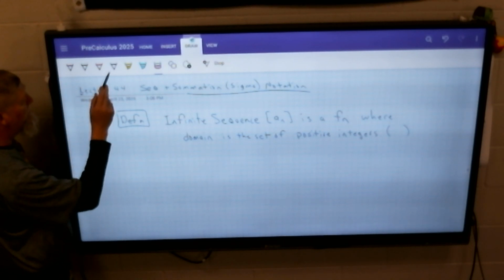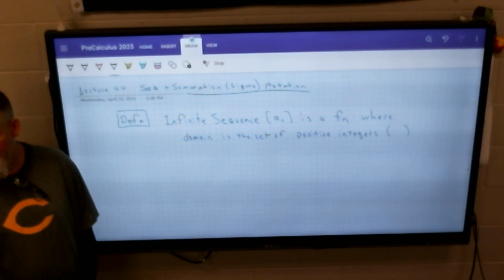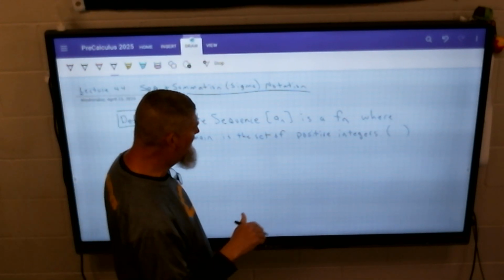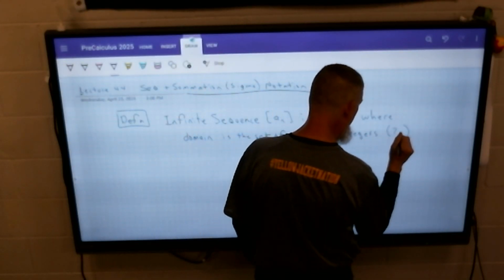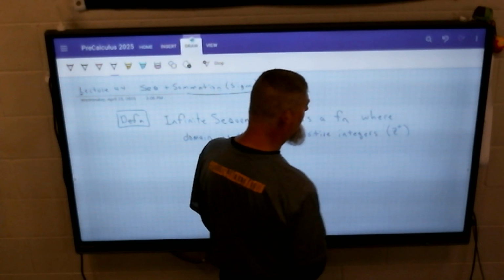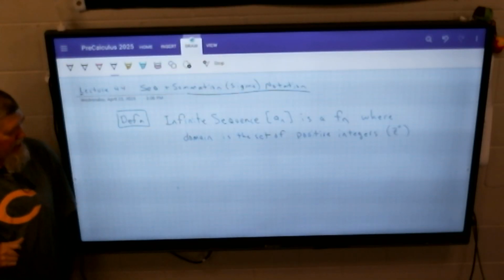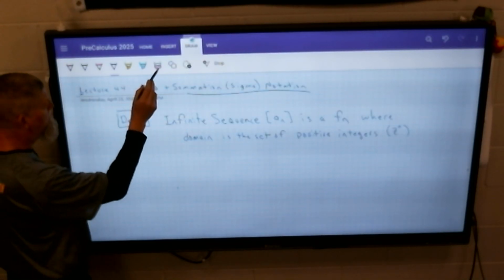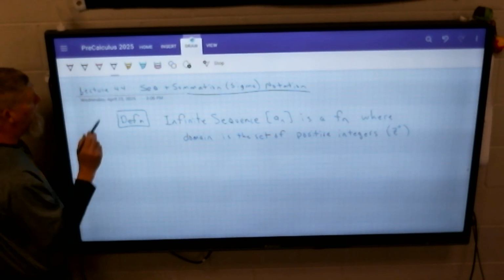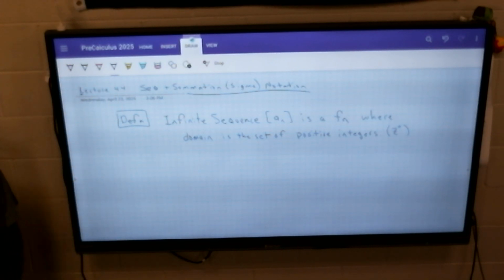Do you remember what letter it was? Okay, it's a weird one. It's a German word, it's the letter Z. So Z, and I put a little plus sign to show that it's all the positive integers. Okay. So Z plus, little side.